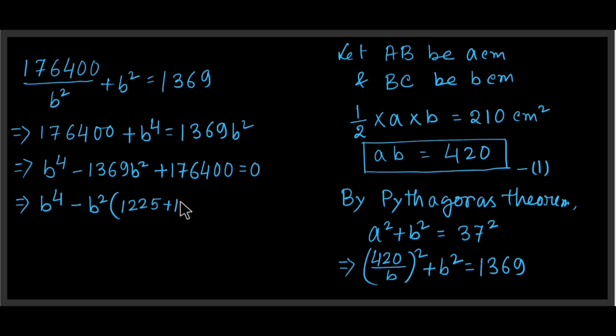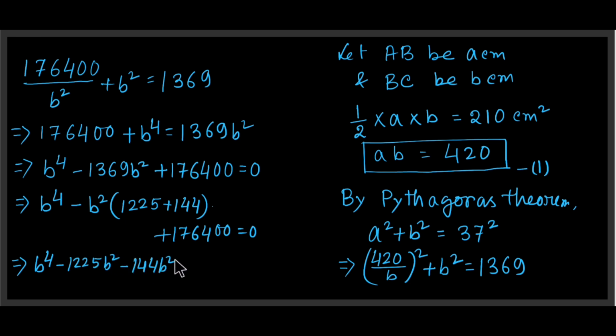Now 1369 can be written as 1225 plus 144. So b to the power 4 minus 1225 b square minus 144 b square plus 176400 equal to 0.